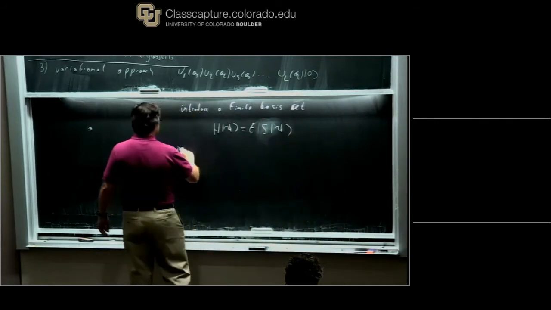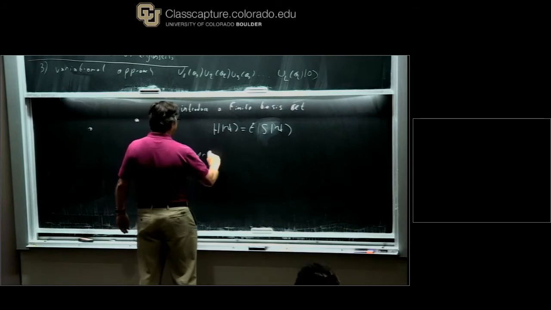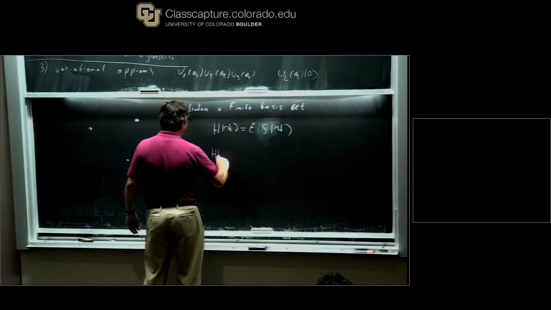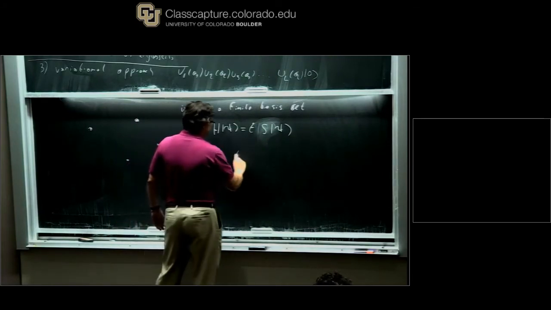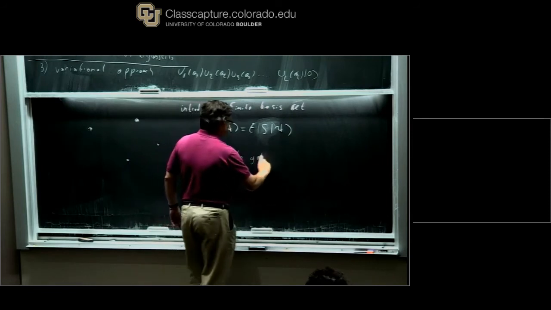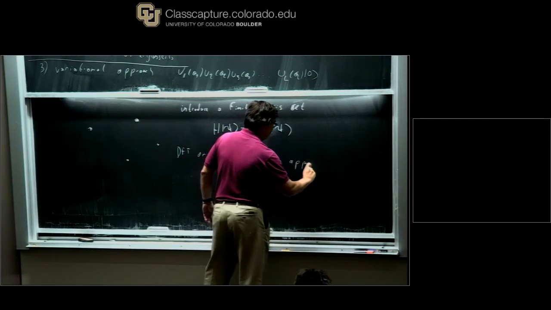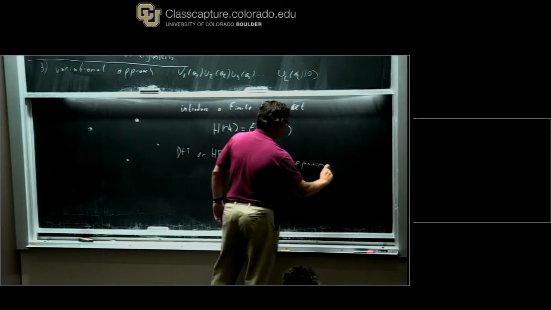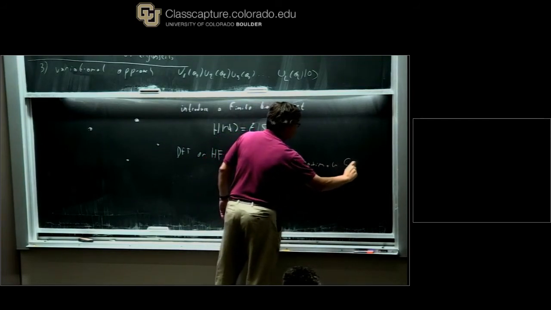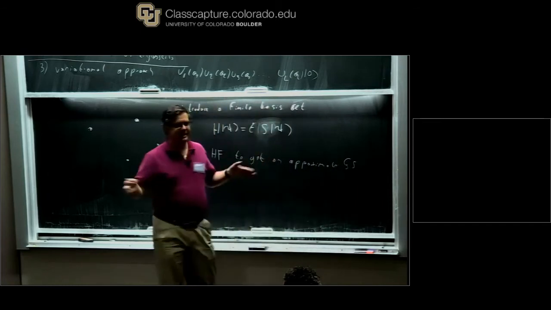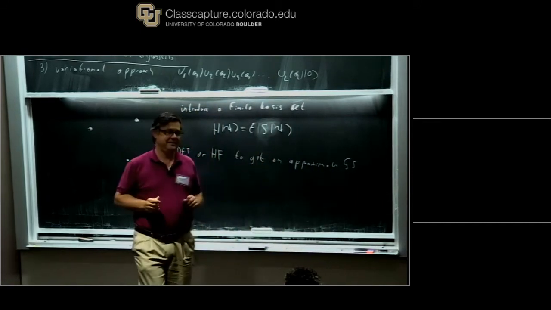So you use density functional theory or Hartree-Fock to get an approximate solution. That basically gives me a product state in a certain orthogonal basis.